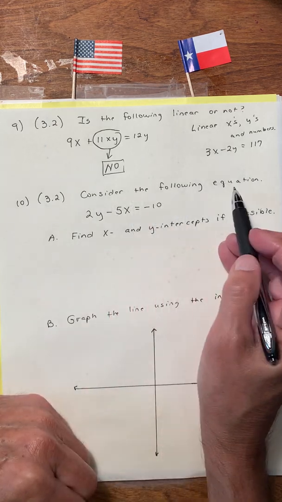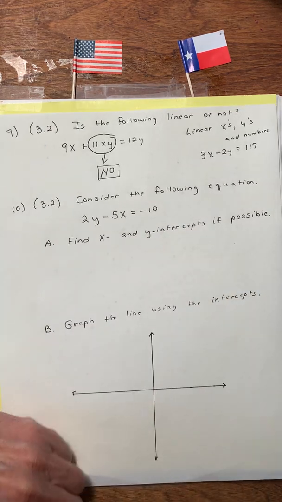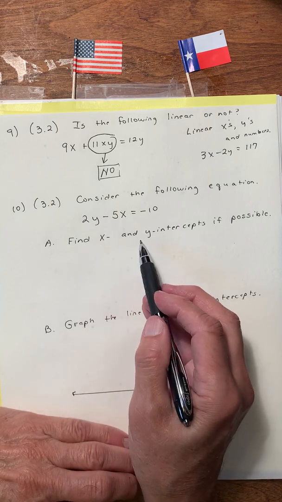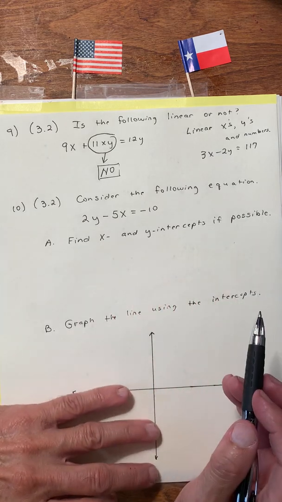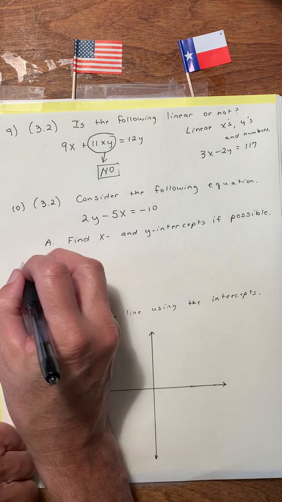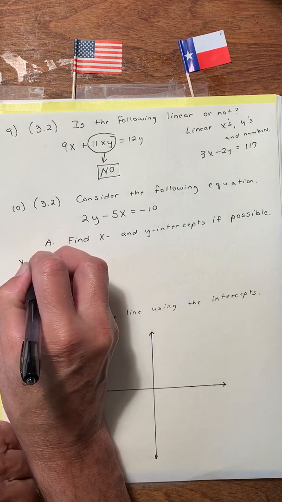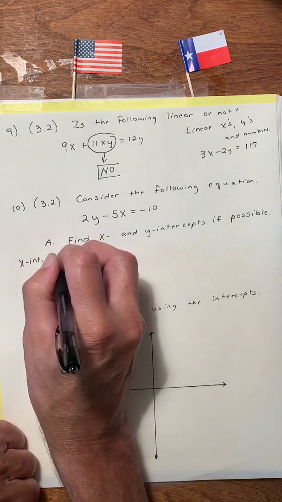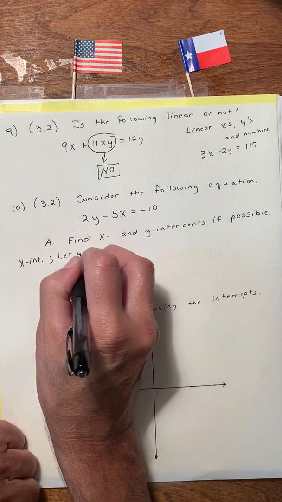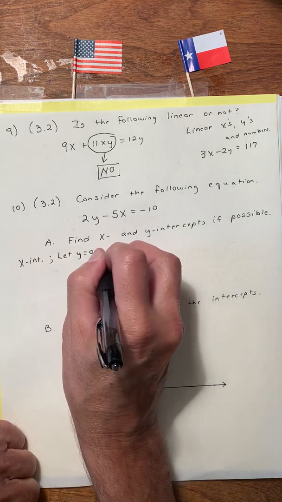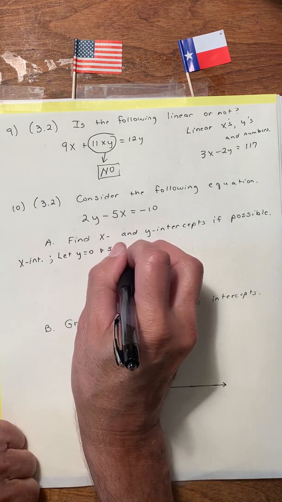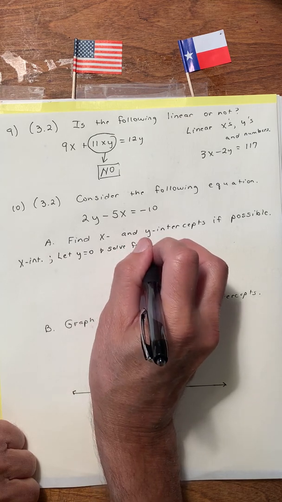All right, consider the following equation. Find the x and y intercepts if possible. Now remember, to find an x-intercept, I let y equal 0 and solve for x.